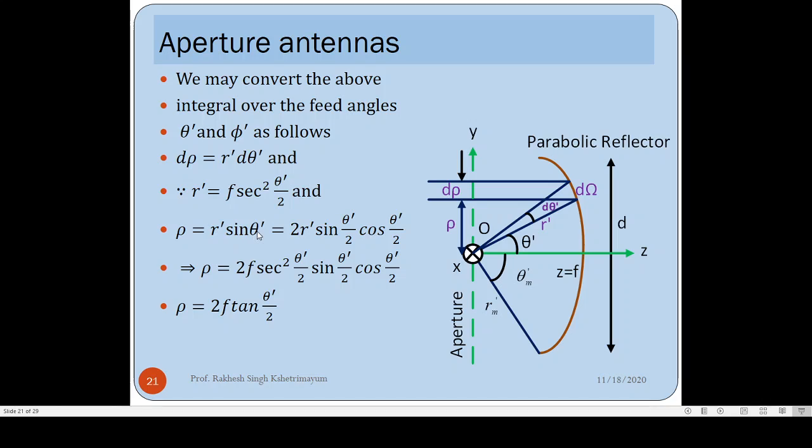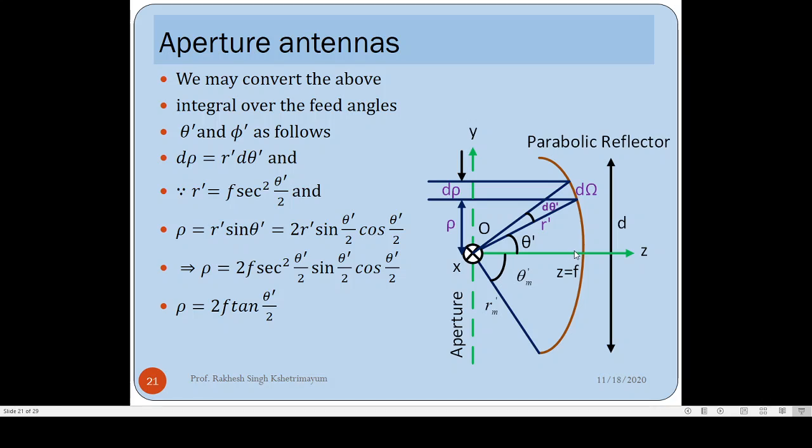You can convert this sine theta dash as 2 sine theta dash by 2 cos theta dash by 2. What is this r dash here? F secant square theta dash by 2. So this rho will become 2f sec square theta dash by 2 sine theta dash by 2 cos theta dash by 2. This you can cancel out, then rho will become 2f tan theta dash by 2.